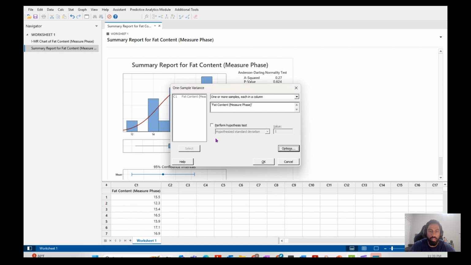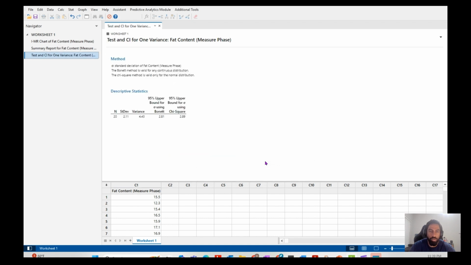Hit OK. You don't have to do the hypothesis testing. Just hit OK, and that gives you the standard deviation and also the upper bound on the standard deviation as per the 95% confidence interval.